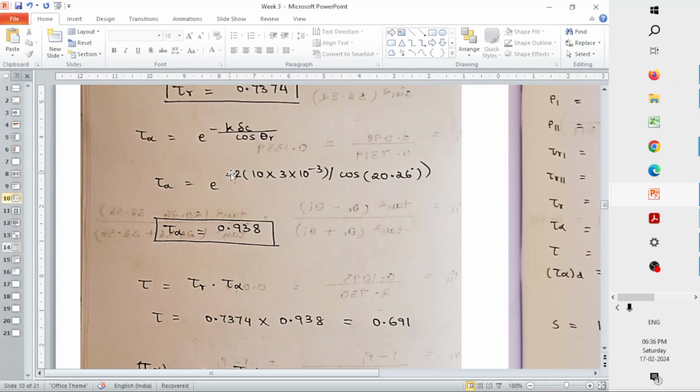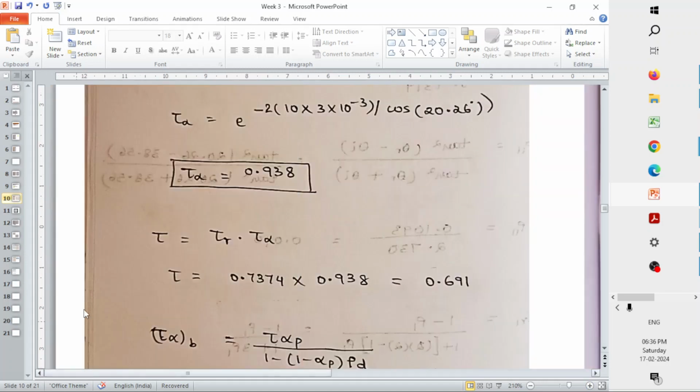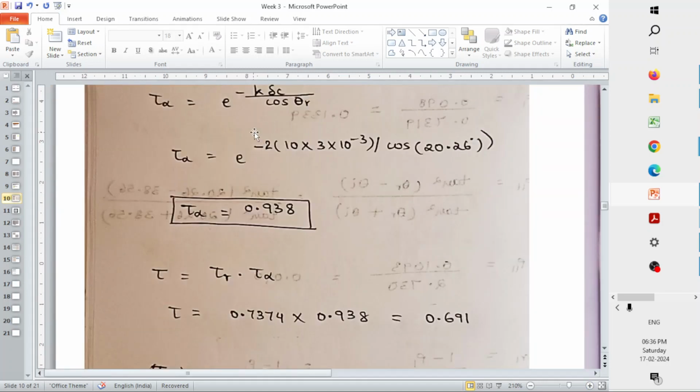But if you see here, there is an extra 2. This 2 actually comes because you are having 2 glass covers. So if there are 3 glass covers, this value will be 3. If you have 4 glass covers, this value will become 4. So as I said, as you keep increasing the number of glass covers, you have to keep multiplying that.